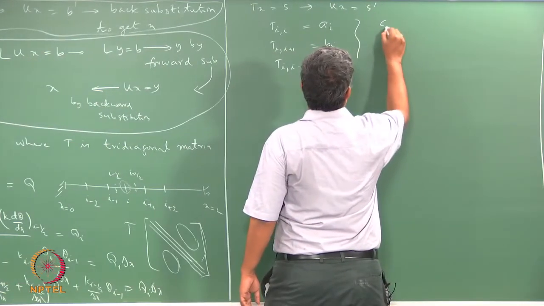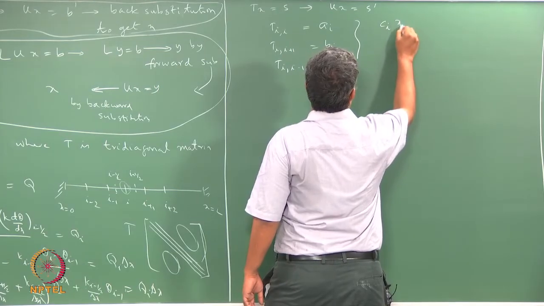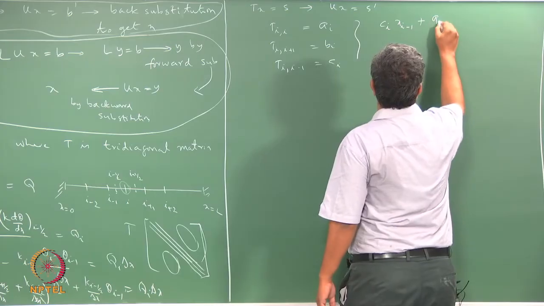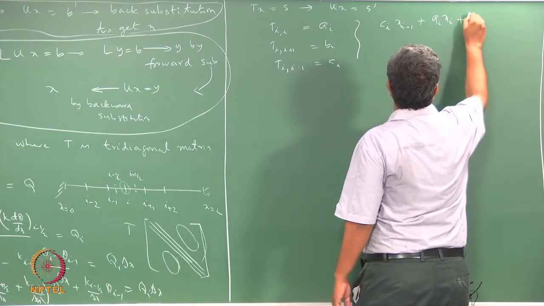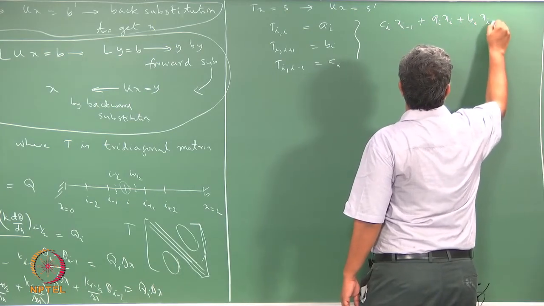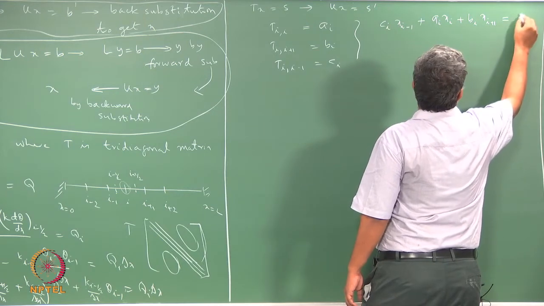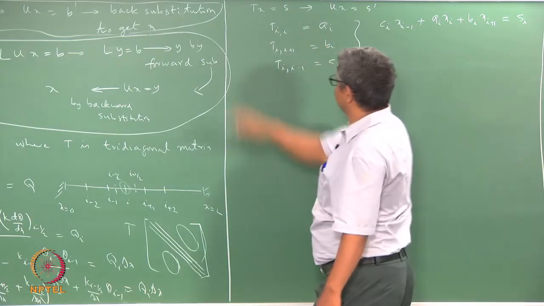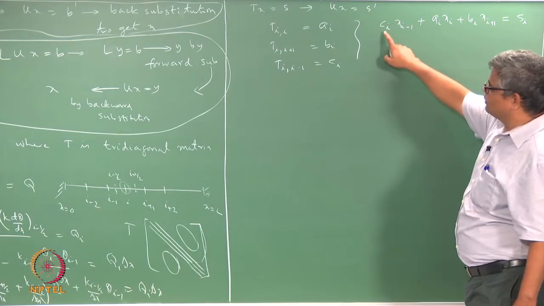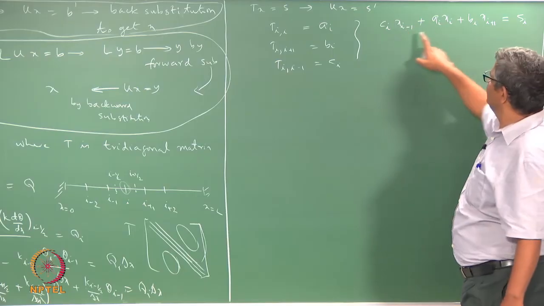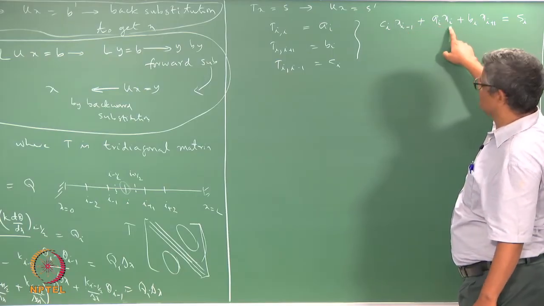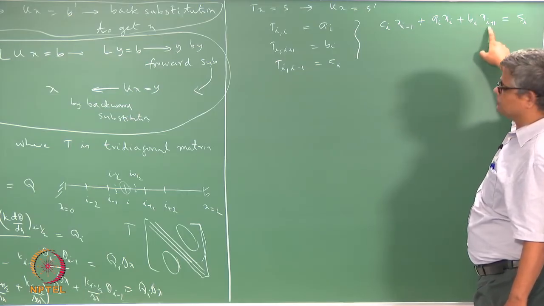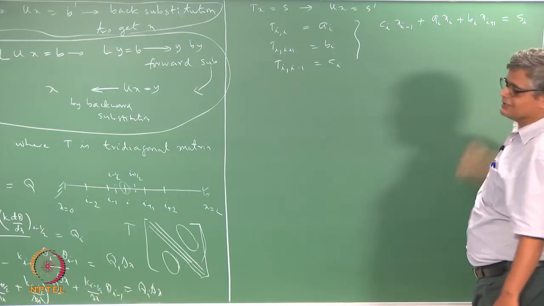can be written as C I x I minus 1 plus A I x I plus B I x I plus 1 equal to S I. So, the ith equation in this system is written as a coefficient CI corresponding to I minus 1, a coefficient AI corresponding to ith term, and a coefficient BI corresponding to the I plus 1th variable equal to SI.